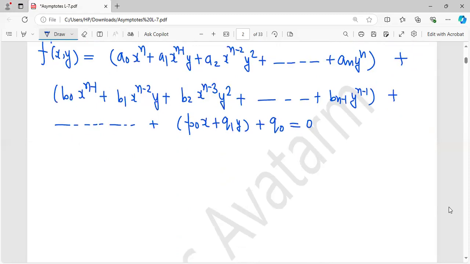Now we can write f(x,y) like this. You take x to the power n common. So what you will get here?